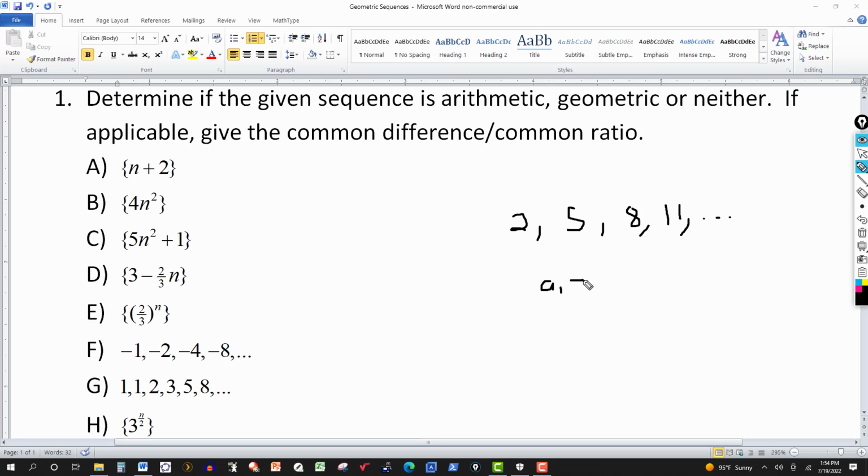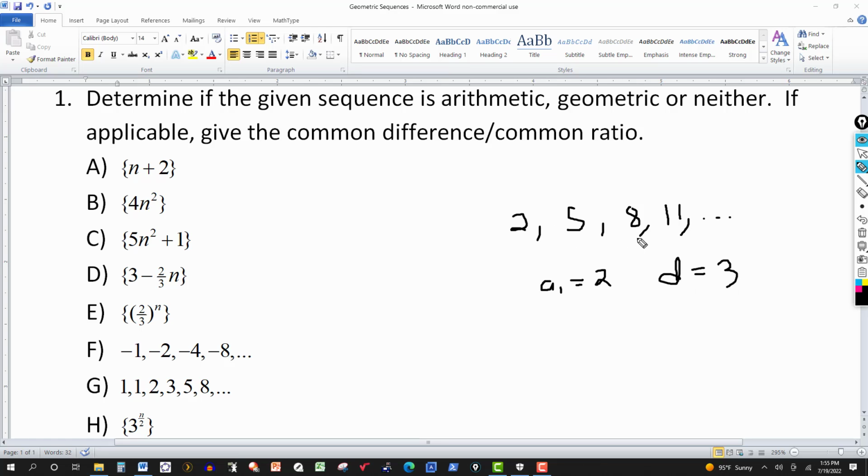A1 is the first term, second term is 5, third term is 8, next one's 11, and so on. And you can see that every time here we're adding 3. 2 plus 3 is 5, 5 plus 3 is 8, 8 plus 3 is 11, and so on. So we can identify the first term as 2, and the common difference is 3. That's what we're adding to get the next one.